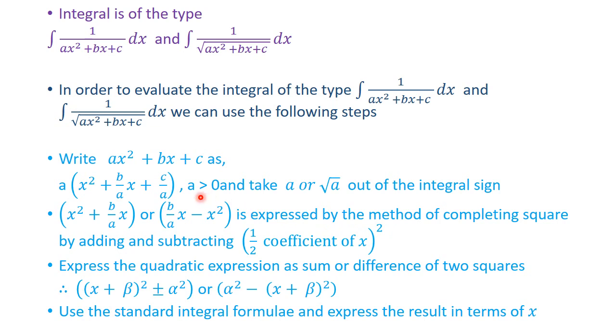Obtaining it in this way and substituting it in this bracket, first add and then subtract, because in a perfect square the first term and the last term are always positive. Therefore add here and then subtract. Then it is given there, b by a x plus x square is expressed by the method of completing the square by adding and subtracting. You can read this information, it is given in the book also.